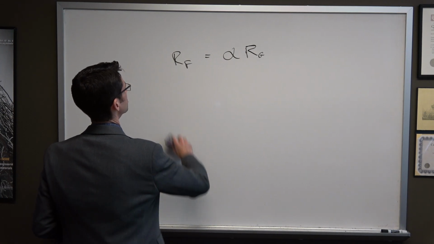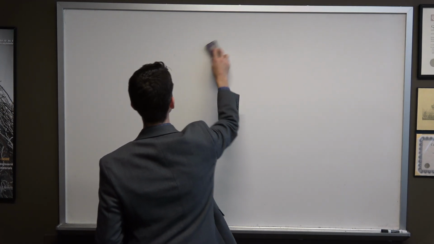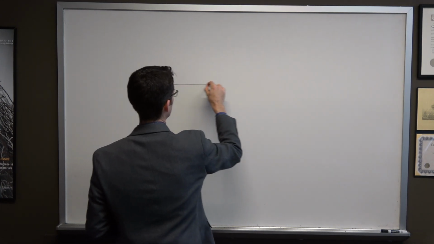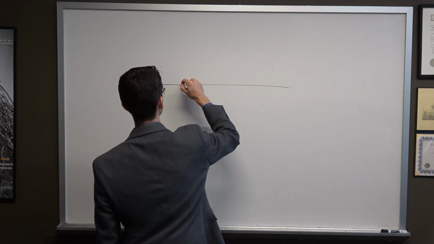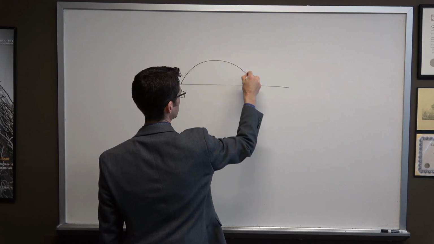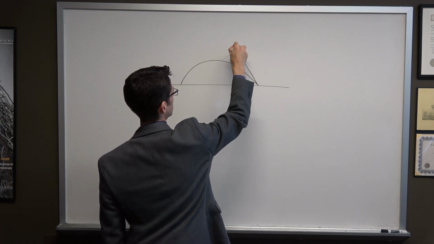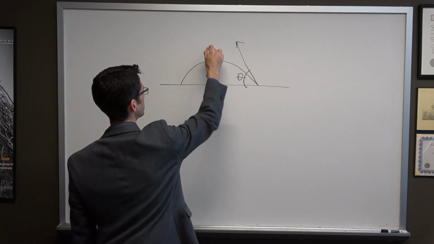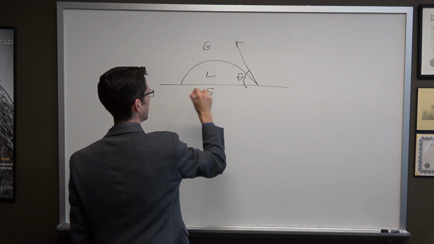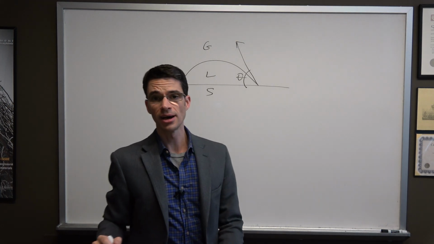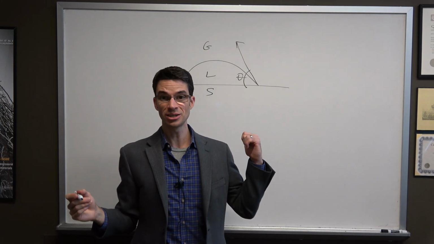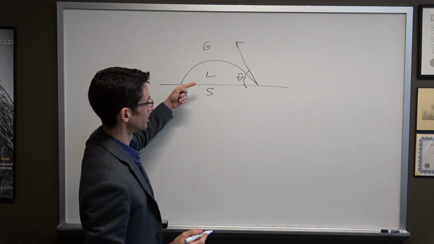Okay, the next question was about the triple interface and the contact angle. So in a triple interface, we have the liquid, the gas, and the solid. Now, the contact angle is dependent on this energy balance between the gas, liquid, and solid.